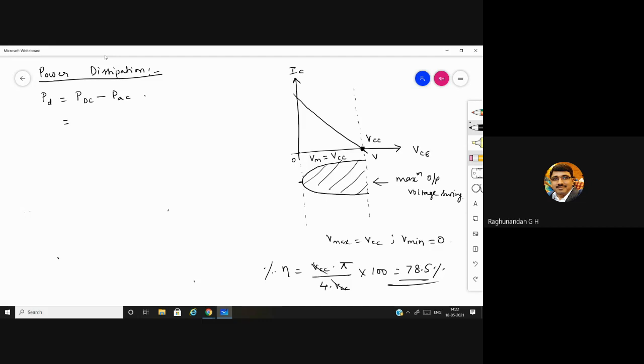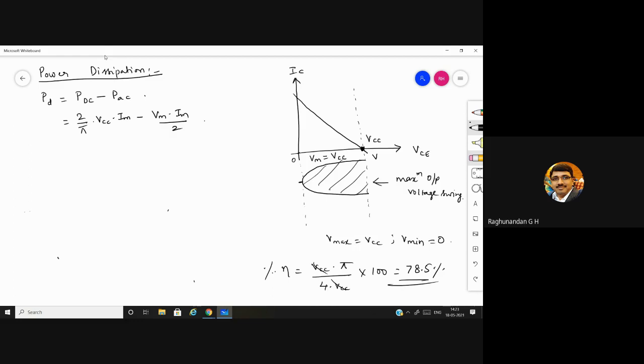For PDC, we have 2 by pi into VCC into IM, minus for PAC, VM IM by 2. So this is not the continuation of the efficiency equation. It is power dissipation. It is the amount of power that is dissipated in the form of heat. That is power dissipation. So to find a formula for that, we are using this.